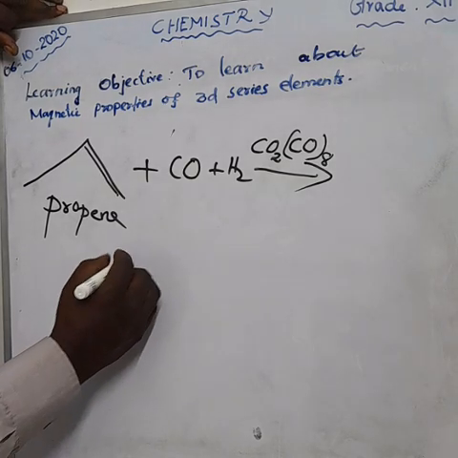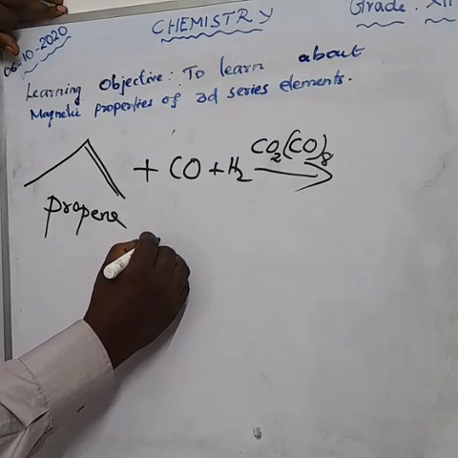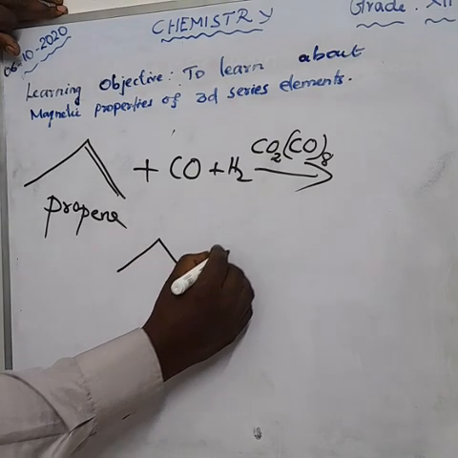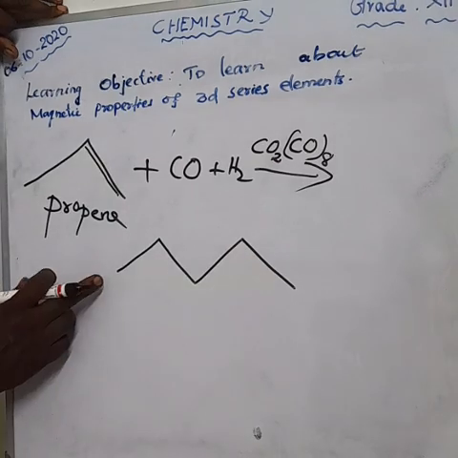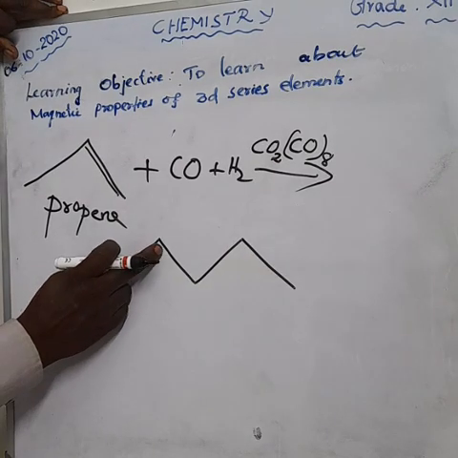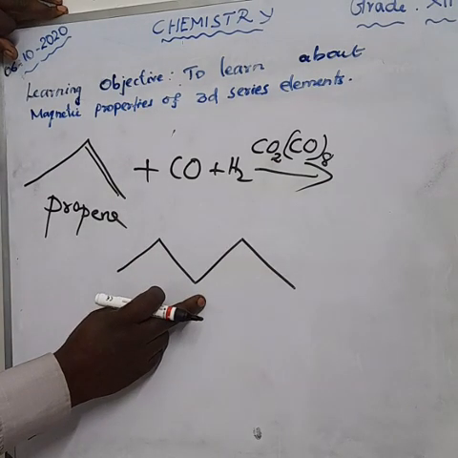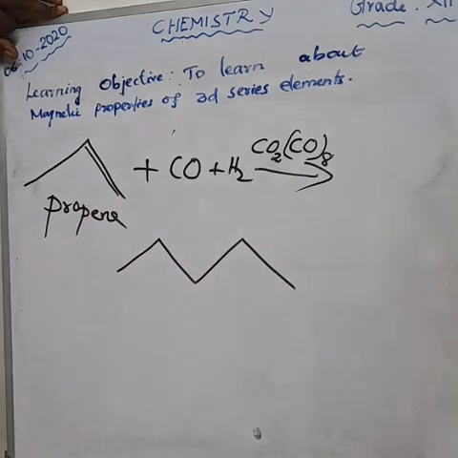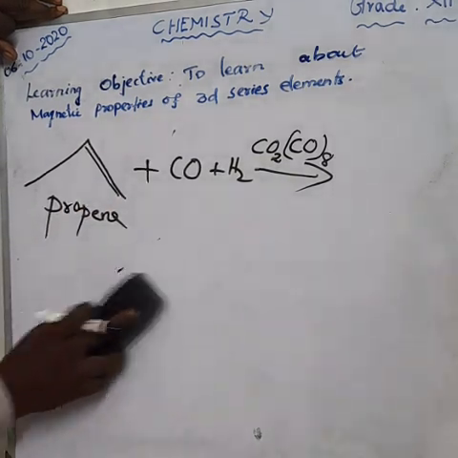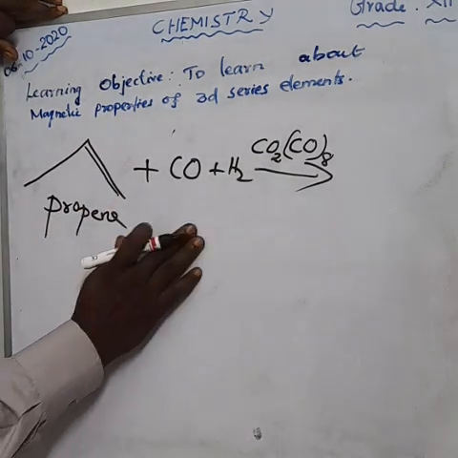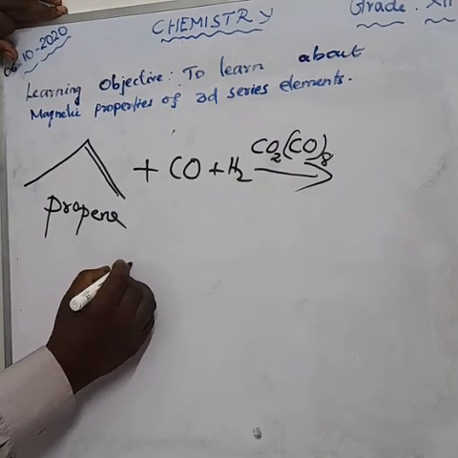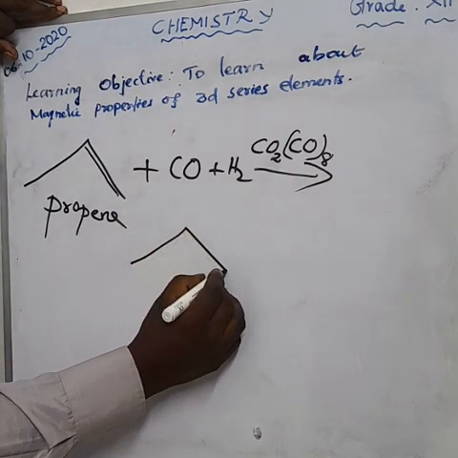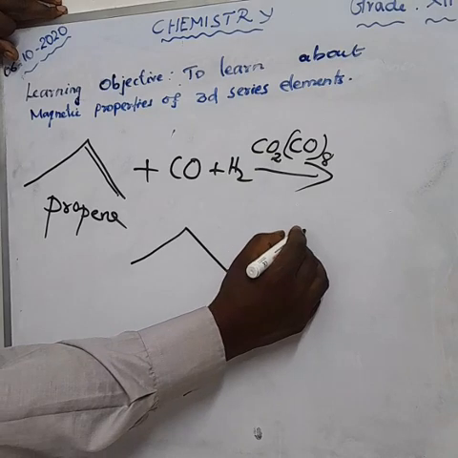Butanol means we are taking 1, 2, 3, 4, 4 carbon. Otherwise, we can write it starting with 1, 2, 3, CHO.